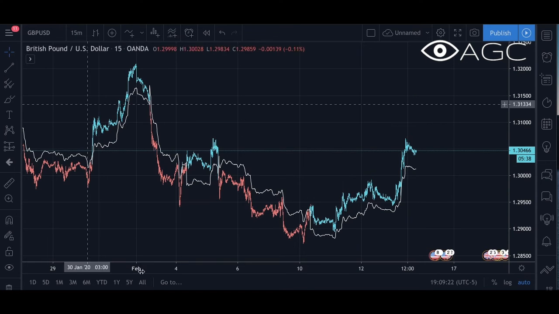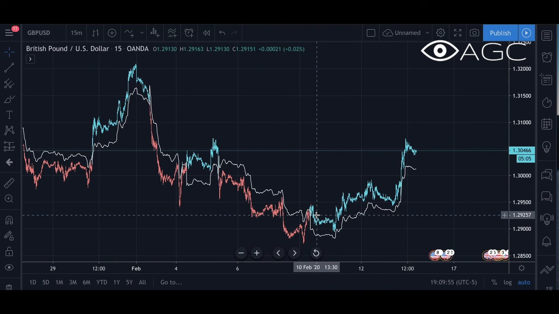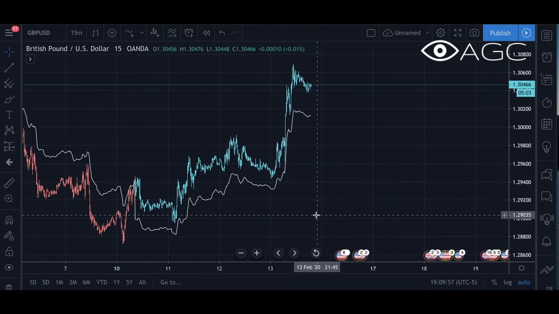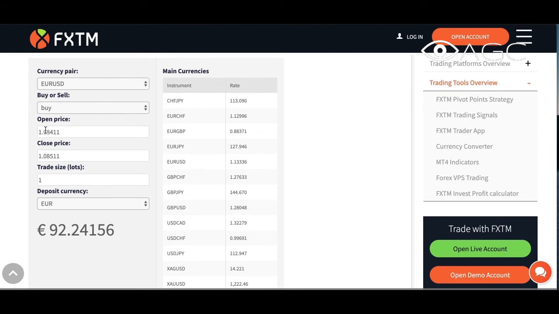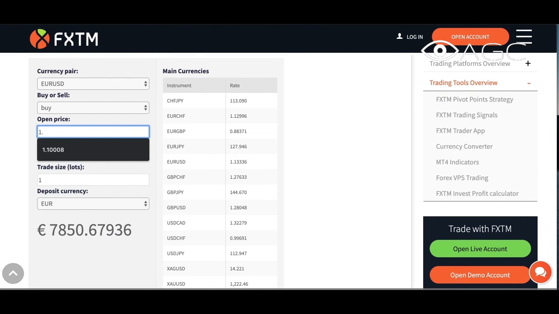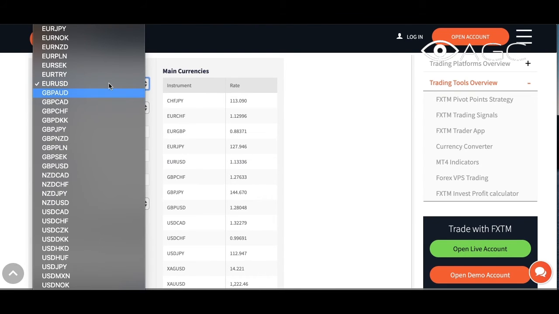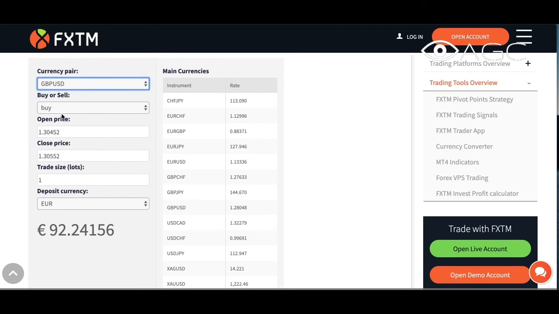Now let's go back to the Great Britain pound US dollar. Why go back here? Let's just check how much we would have made on this last trade on the 15-minute time frame. Alright, now let's see. We got into this trade over here at 1.29321 on Great Britain pound to US dollar.